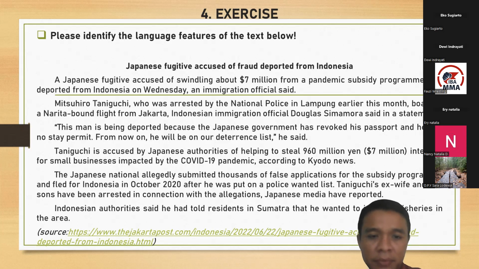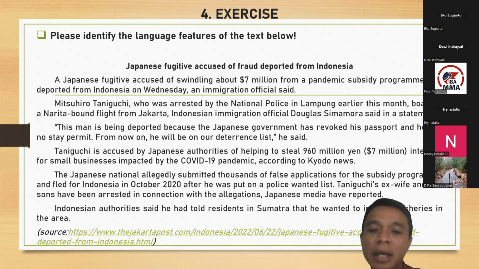Are you sure? Impacted. Passive or active, present or past? Let me check. For small business impacted by the COVID, that's passive.